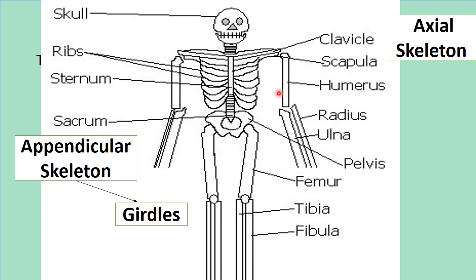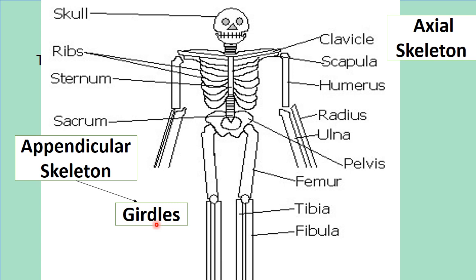For example, these bones here are attached to the exoskeleton through this set of bones here. There is a shoulder bone called the scapula and the collarbone called the clavicle. The clavicle and the scapula attach the hands, so to put it, to the exoskeleton. So these bones that attach the hands and the legs to the exoskeleton are called girdles.